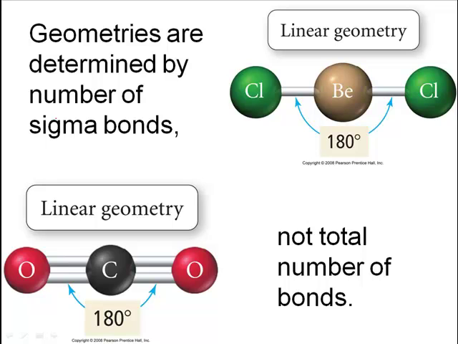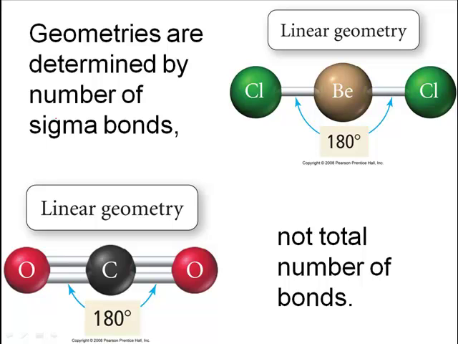How many electron domains in this picture? 2. An electron domain is a bonded pair, lone pair, double bond, or triple bond. Quadruple? Those don't exist as of current. It'd be cool if they did. It would make sense if they did, but unfortunately they do not. So that's why they're 180 degrees apart.